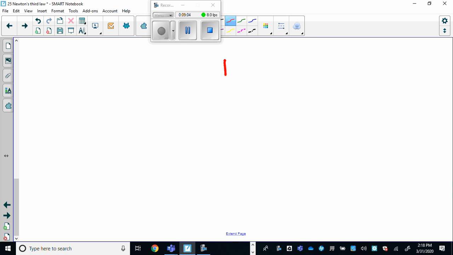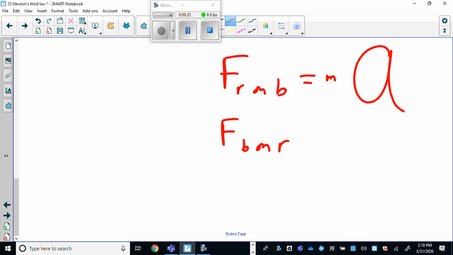The forces are equal. If this is the force of the rifle on the bullet, and this is the force of the bullet on the rifle, they are equal. So these F's are the same size. The bullet has a very small mass, therefore it has to have a huge acceleration.